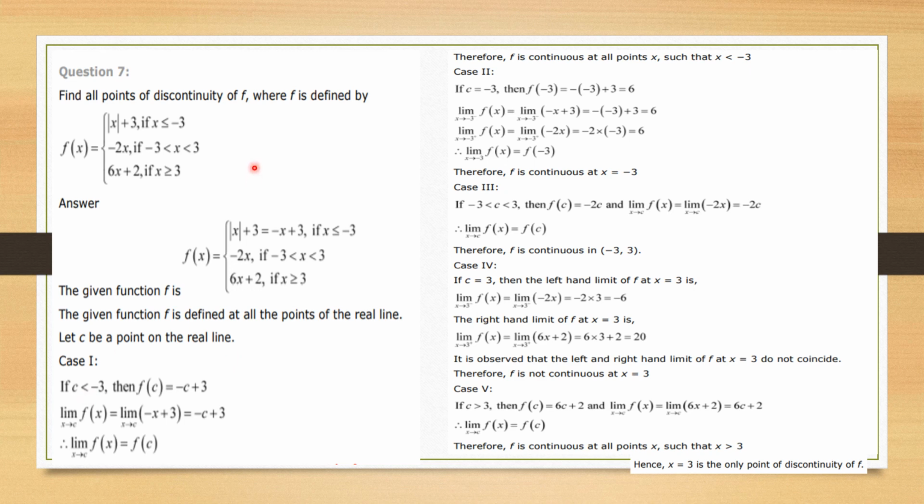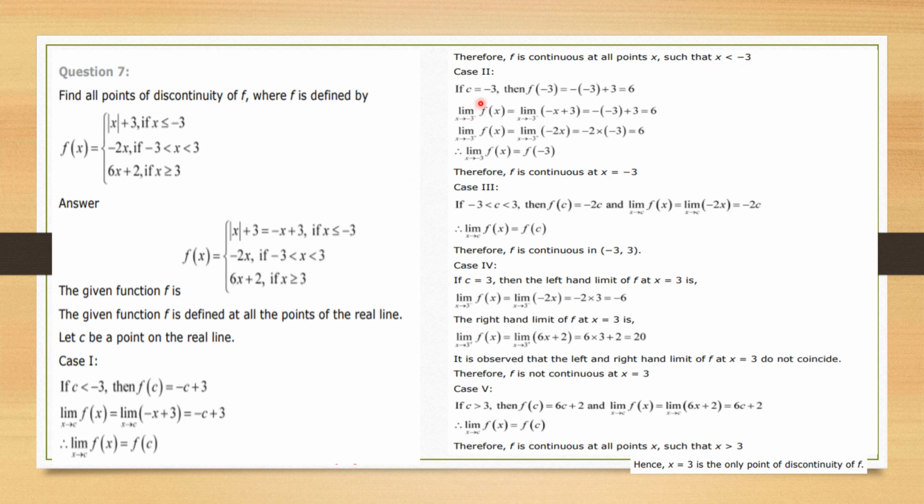For c less than -3, it is like mod of x plus 3, so f(c) is -c plus 3, and limit x up to c, f(x) is -c plus 3 again. So the limit exists, and the function is continuous at all points where x is less than -3.